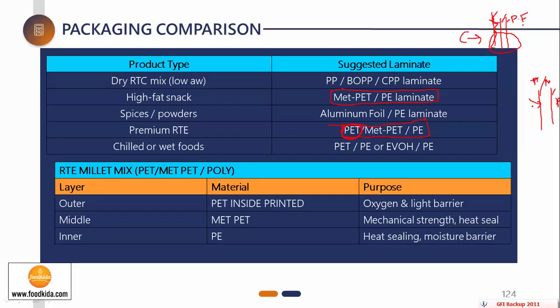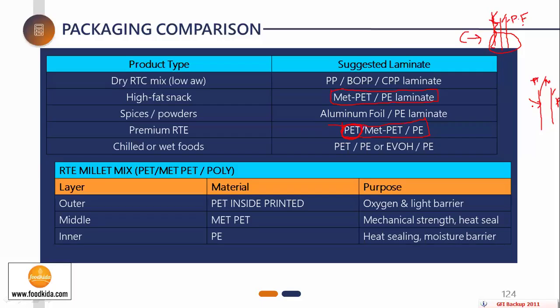Now, if I go to atta and maida, these are basically 200-gram pouches, right? So for them a configuration of 12, 12, 70 will suffice. But if it's a 5 kg or a 10 kg pouch for atta, I think they have PET 120 microns and poly 60, 70.